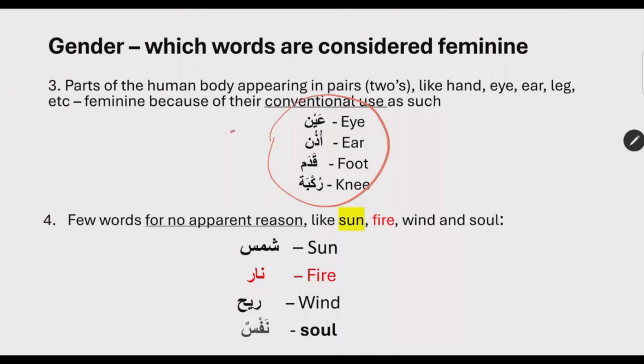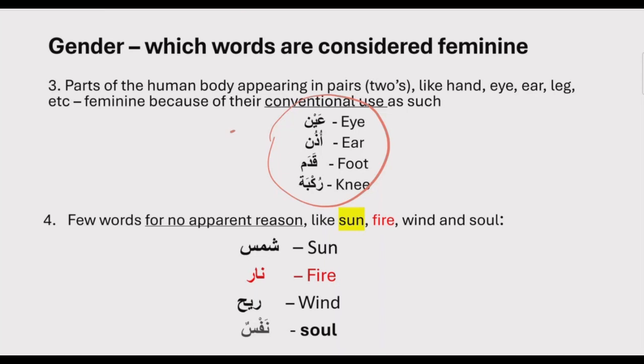Or blue eye would be: azraq is masculine blue and zarqa is feminine blue. So you have aynun zarqa, a blue eye. Even though a boy might have blue eyes, that's how you'll describe it, because the eye is a part of the body in pairs.